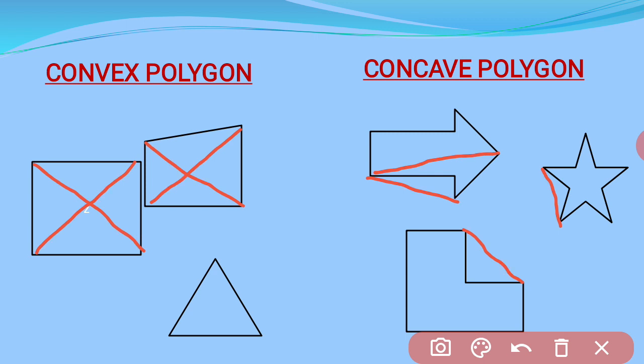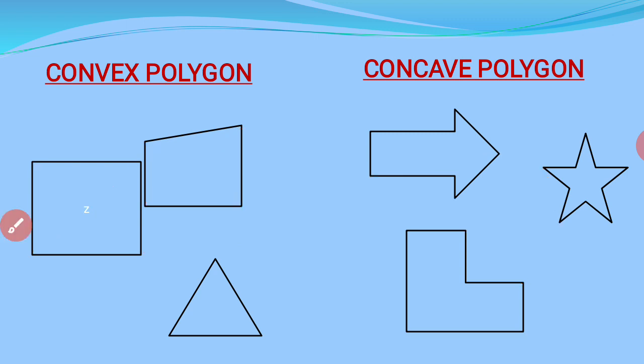So the basic difference is, first, in concave polygon at least one angle has to be a reflex angle and at least one diagonal will be outside the figure. In that case, we will call the polygon a concave polygon. Otherwise, it is a convex polygon. Let's proceed.